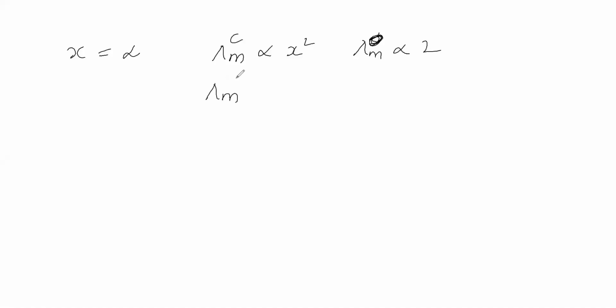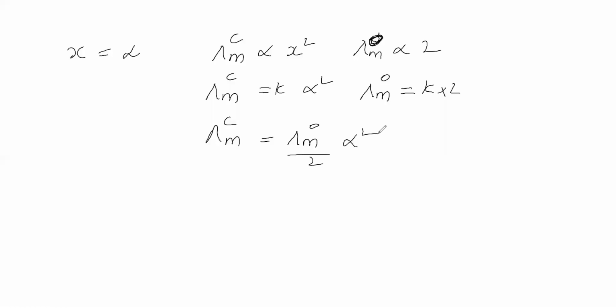Now lambda mc is equal to some constant into alpha, substituting x is equal to alpha. Lambda m naught is equal to some constant into 2. Now we substitute this k, so lambda mc is equal to lambda m naught by 2 into alpha.